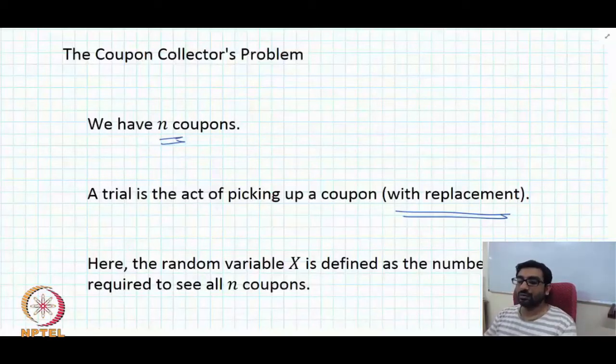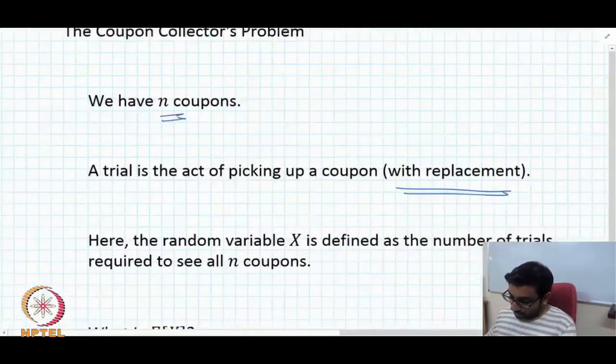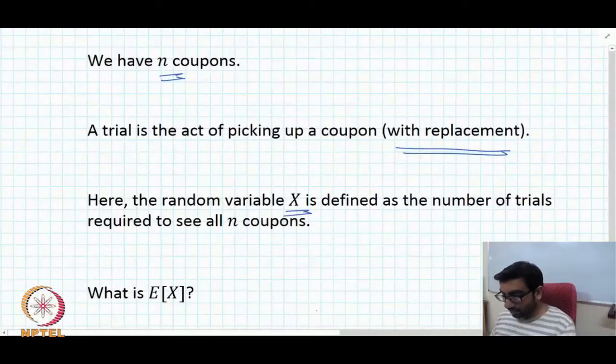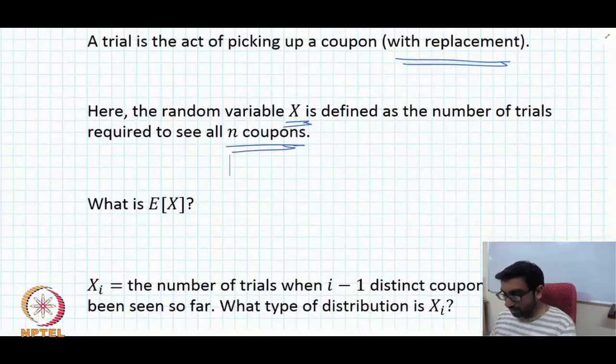If you have, that's a wasted trial. If you've never seen it before, that means you've seen a new coupon. You put the coupon back, and then you again randomly pick one more, and so on. Here the random variable x is defined as the number of trials required to see all the n coupons. This is called the coupon collector's problem.